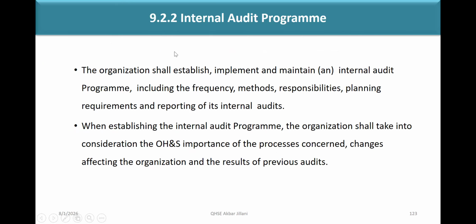Internal audit program. The organization shall establish, implement, and maintain an internal audit program, including the frequency, methods, responsibilities, planning requirements, and reporting of its internal audits. When establishing the internal audit program, the organization shall take into consideration the OHS importance of the processes concerned, changes affecting the organization, and the results of previous audits.